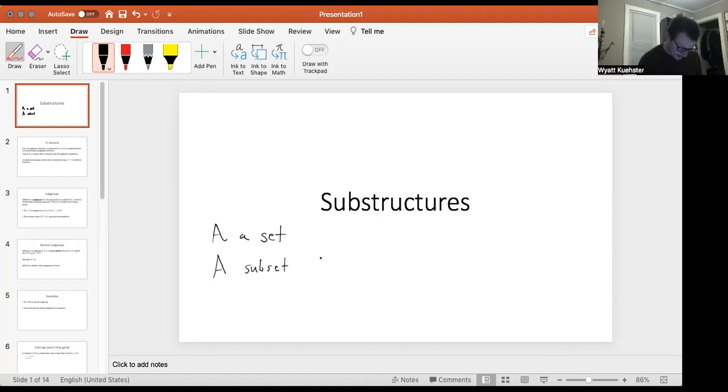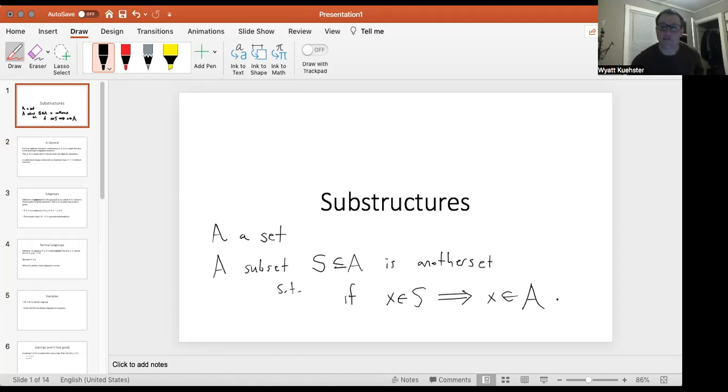A subset S of A, we write this symbol, is another set such that if x is some element of S, then x is also an element of A. So it's another set that's basically contained within A. It contains a subset of the elements of A. That's all a subset is.